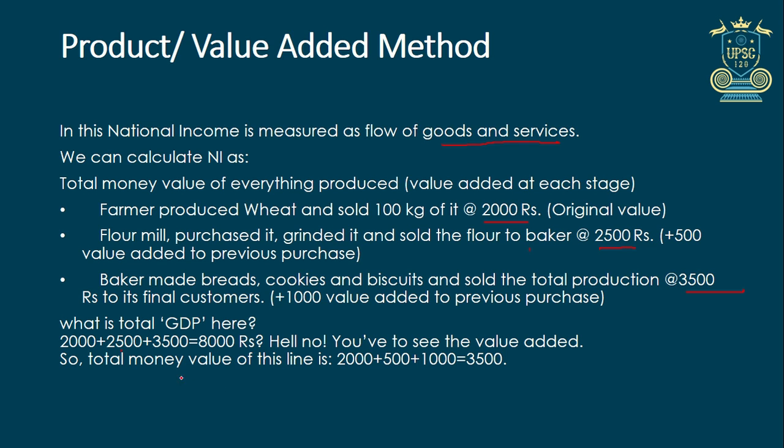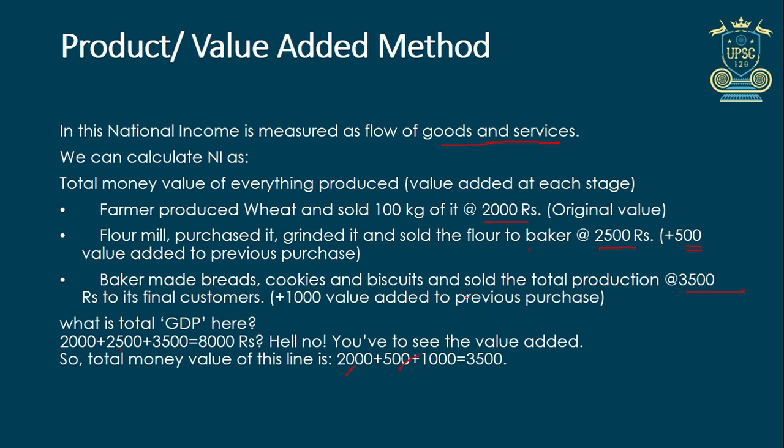It is the total money value of this, it is 2000. What is the 2000? That the farmer sold the 100 kg for 2000. That 2000 we have to account because it is the starting. Then how much is the flour mill adding in value? Only 500 rupees, that 500 you have to take.